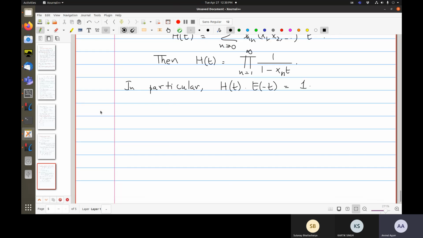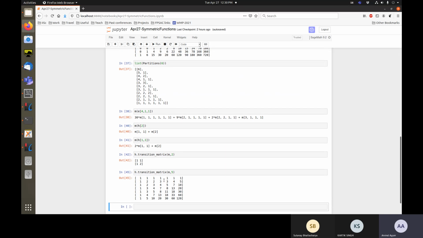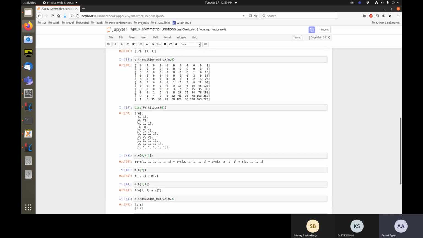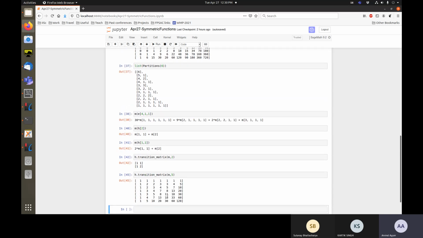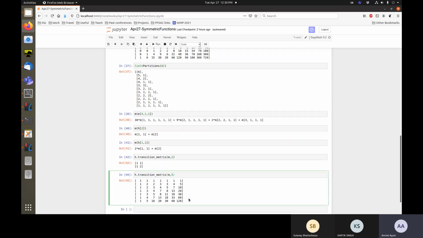Now I can talk about the fourth basis. These are the power sums. So I should have noted one thing which is maybe not so obvious, which is that the transition matrices for E to M and H to M both consist of integers. This is not obvious a priori.